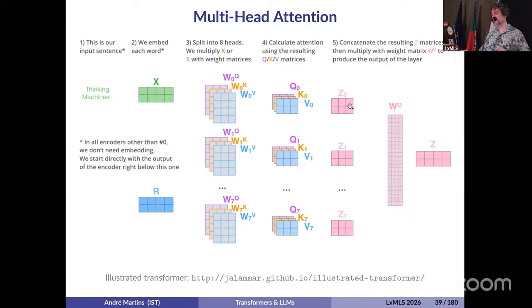Because it's 3 times 8. So we have like a 2 times 24 matrix. And we need to multiply by another projection matrix, WO, that is going to restore the original dimension of 4 that matches the embedding size of the original tokens, okay? And now our final Z is going to be 2 by 4, okay? So same dimensionality as X.